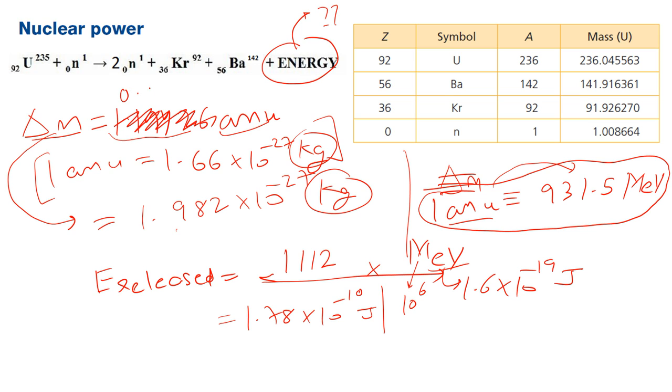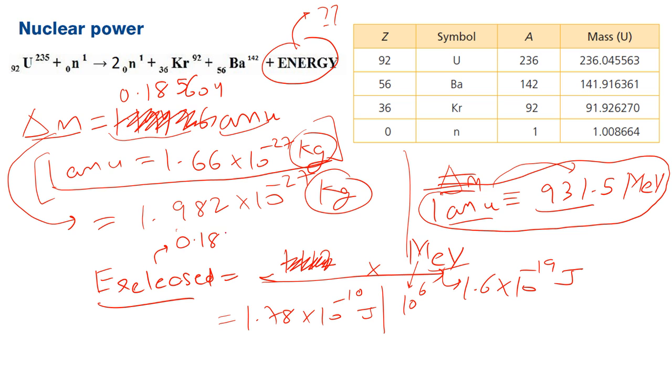this is 0.185604 AMU. This conversion is correct. So all we need to do is multiply the mass defect with 931.5 mega electron volts to find the energy released. So now tell me what is the energy released. So basically we are multiplying. It is 172.9 MeV.